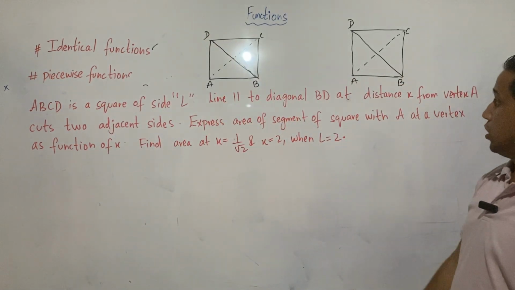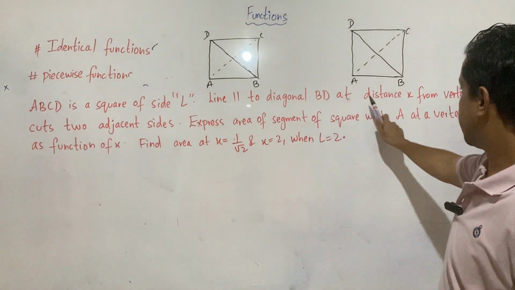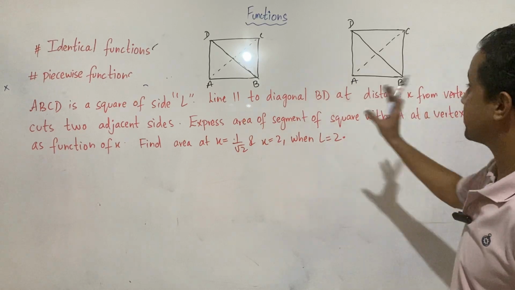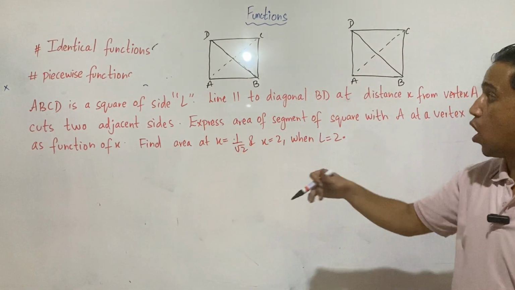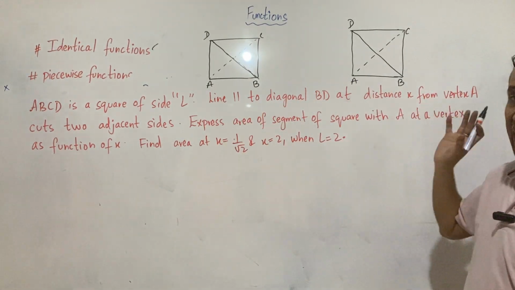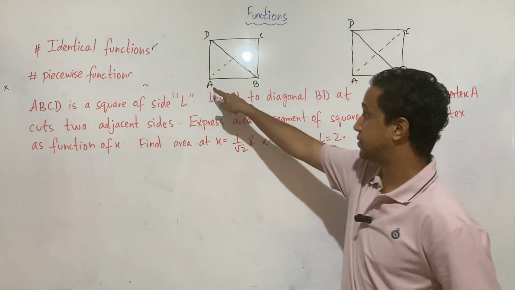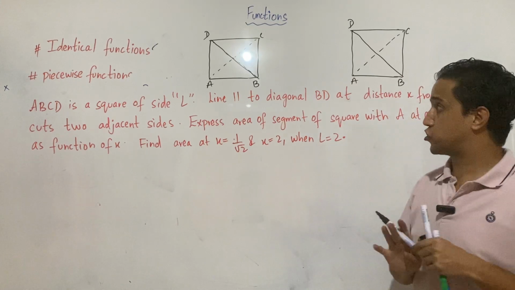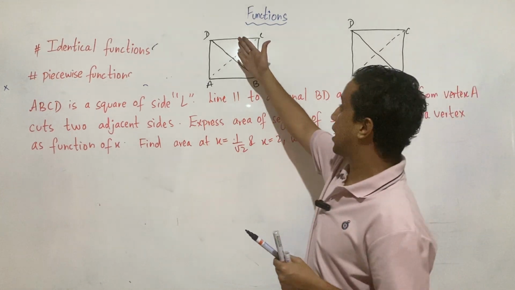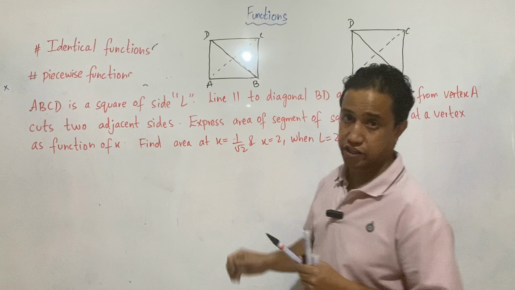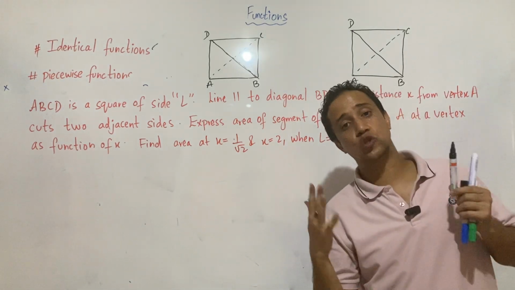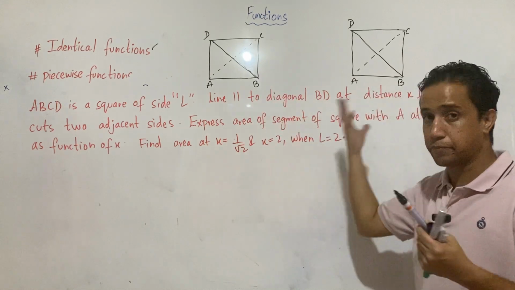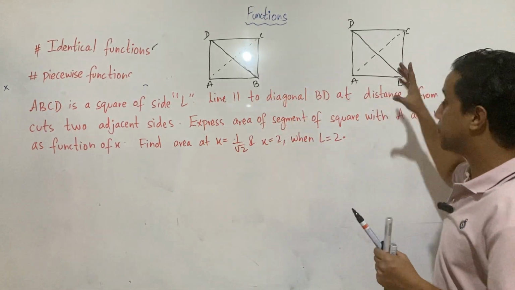Okay, now a line parallel to diagonal BD at a distance x from vertex A. Now see here, it says that we have to draw a line parallel to BD at a distance x from this vertex. Now, he didn't mention whether this line falls on this side or this side. So we will take two cases. So that's why it's a piecewise function. Here we are breaking the complex thing, because we cannot think of this as a whole.